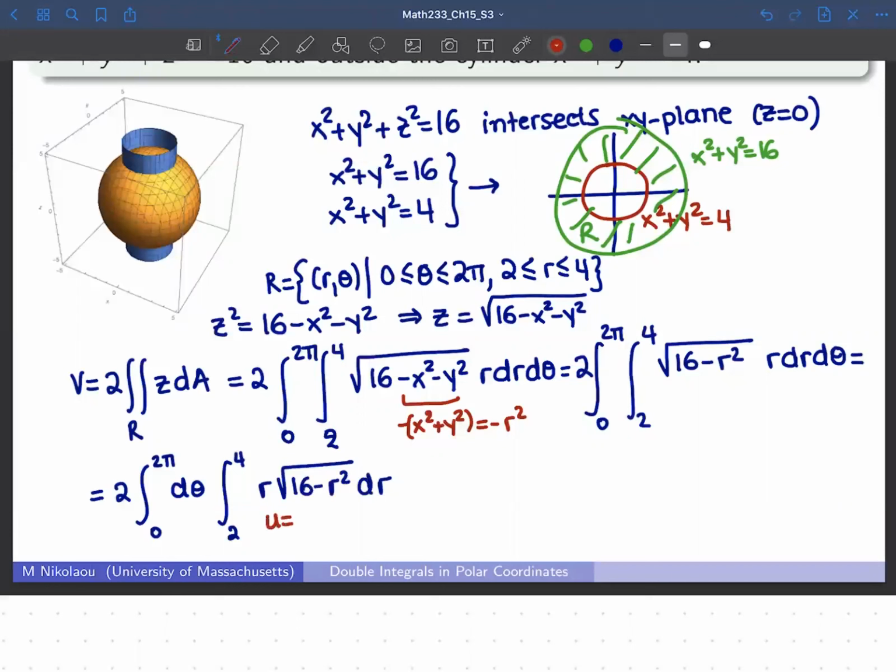Setting u equal to 16 minus r squared gives us du equal to negative 2 r dr. So negative 1/2 du is equal to r dr.